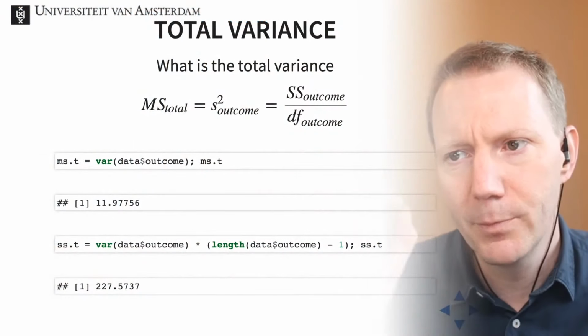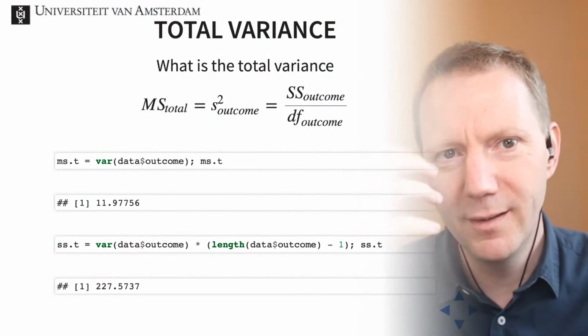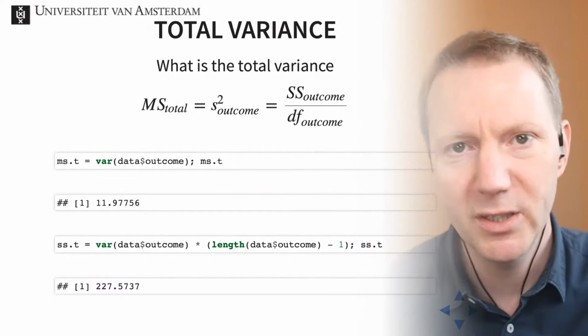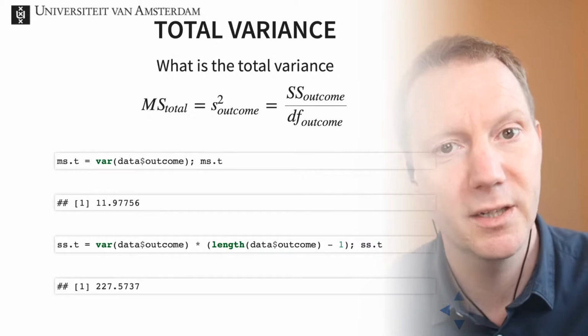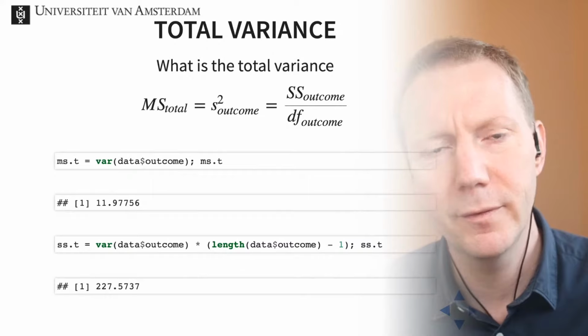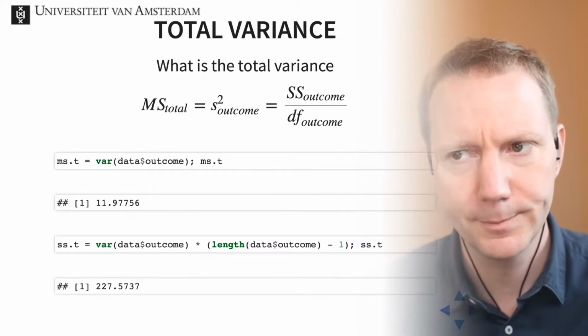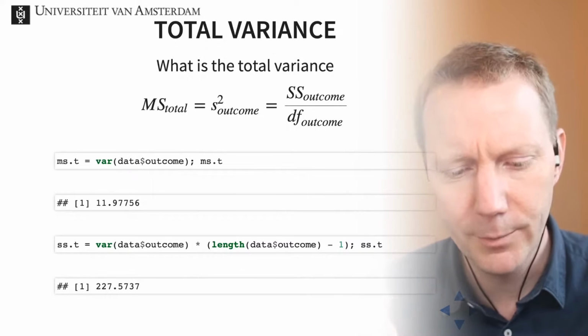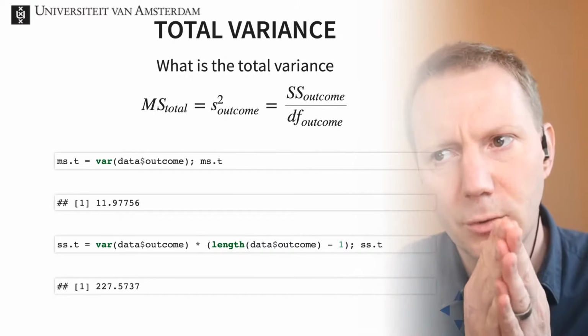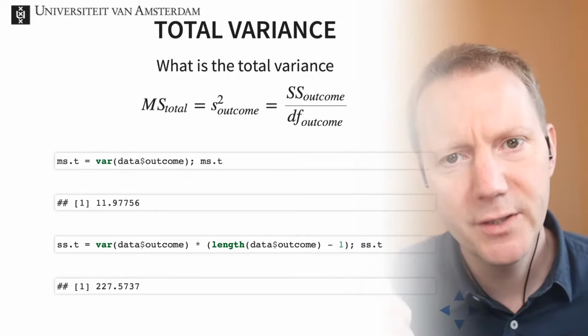So, in the same line of reasoning that we had last week, we need to dissect the variance components that we have. So the first question, of course, is how much variance is there in this data set? In other words, we have our extroversion scores, and how much variance is in there.